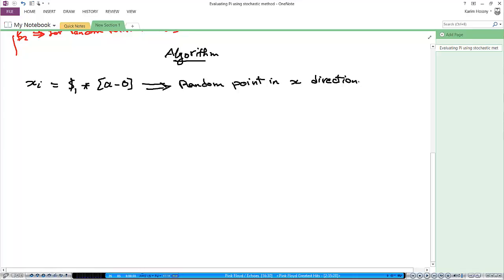Then we need another random number for yi: random number 2 multiplied by b minus 0, to give a random point in the y direction.